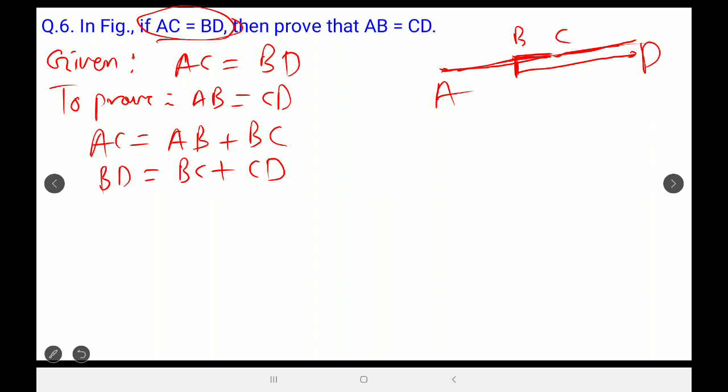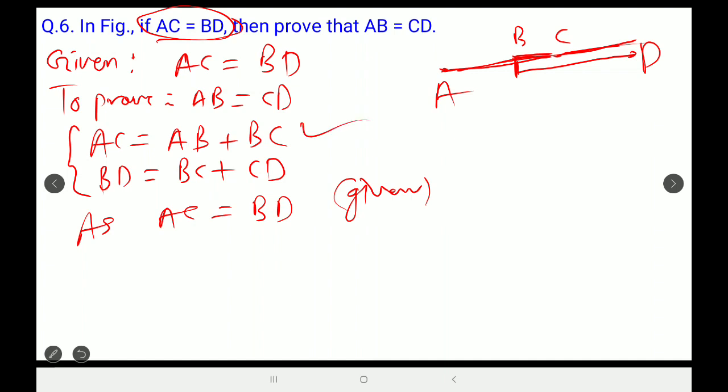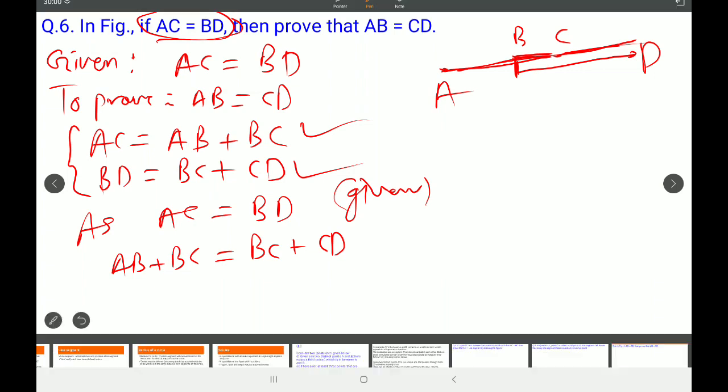Now we have the value of AC, so we will put the value of AC: AB plus BC equal to the value of BD, BC plus CD.